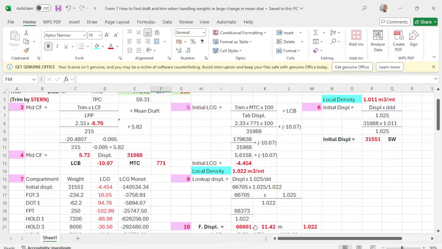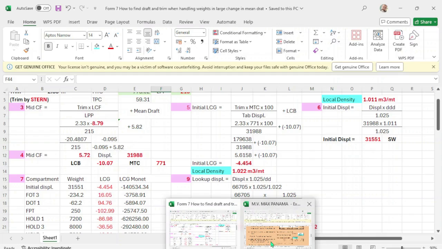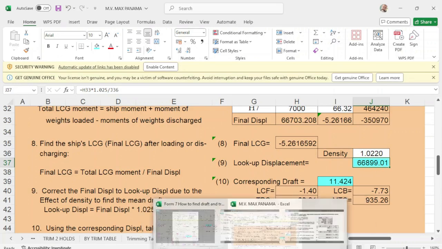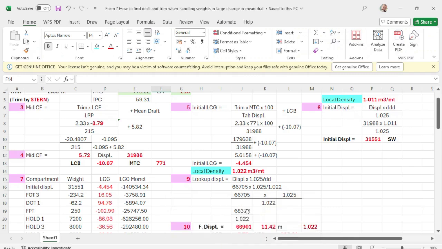Then your displacement should be 66901, and the other one is 31551. This is 66900, and I got 66901.